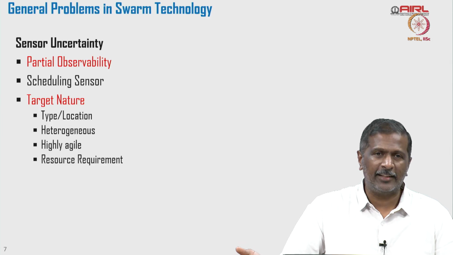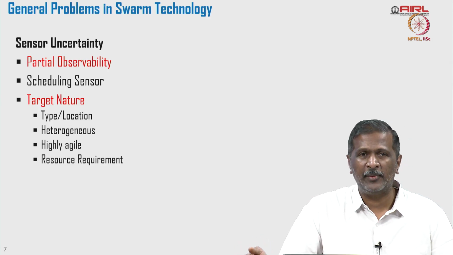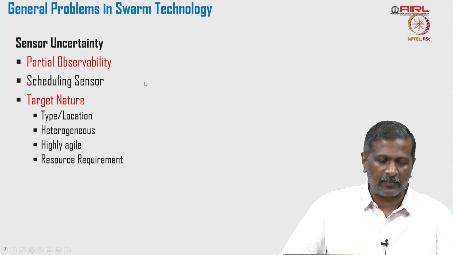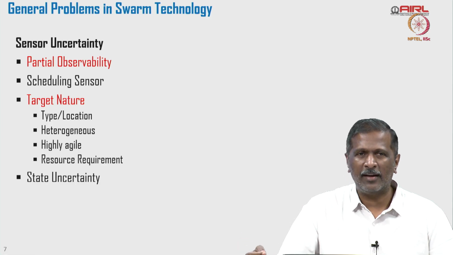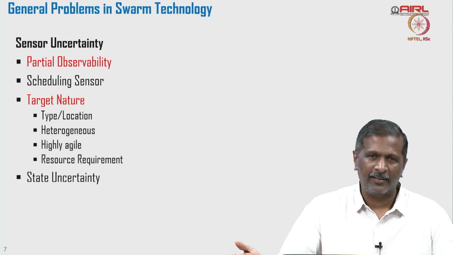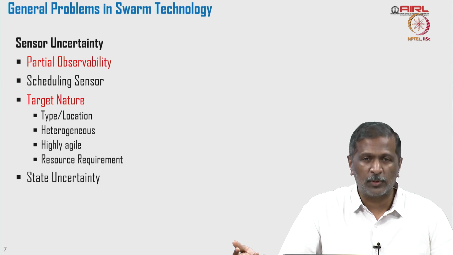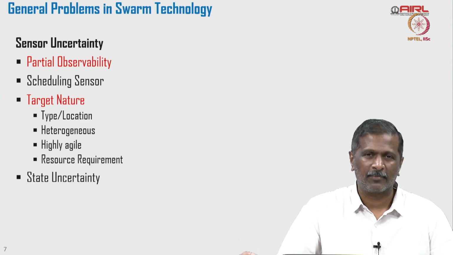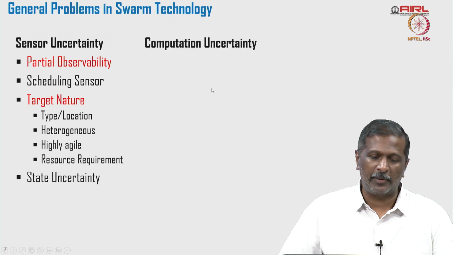It could be a highly agile target, and what kind of resources are required to detect this target is also unknown. State uncertainty: you have a sensor, you are measuring the state. Simple problem we talked about, GPS is not there. Then how do you estimate your position information? That is also going to factor in cooperation.